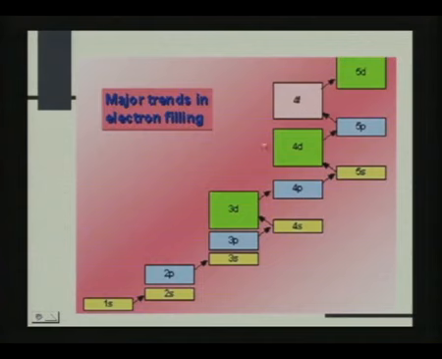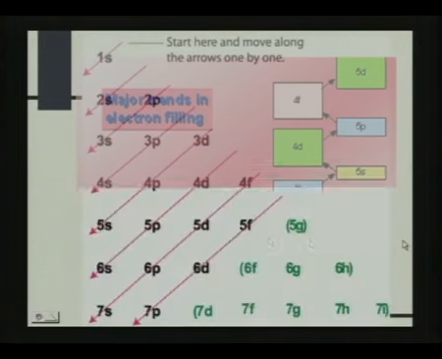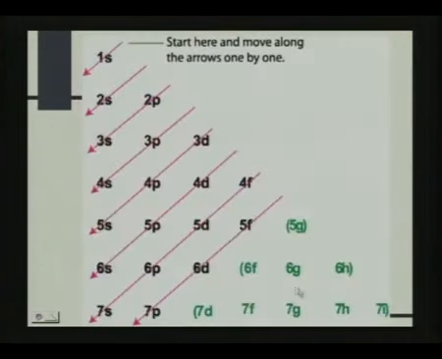Are you finding this diagram a bit difficult to remember? Well, there is an easier form. You can just write the orbitals one after the other. 1s, then below that you write 2s, 2p, below that you write 3s, 3p, 3d, 4s, 4p, 4d, 4f.